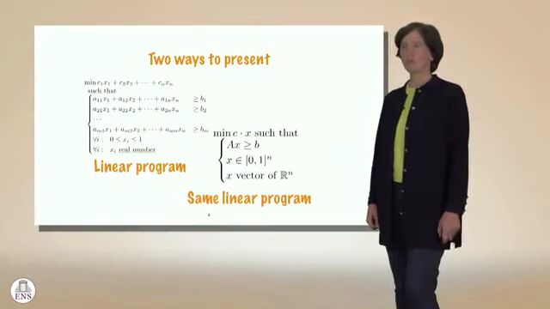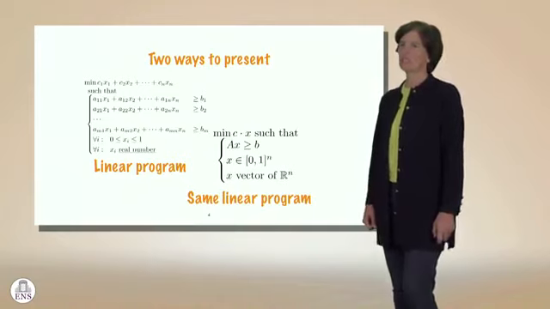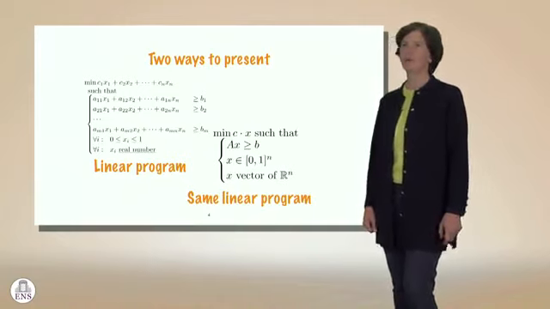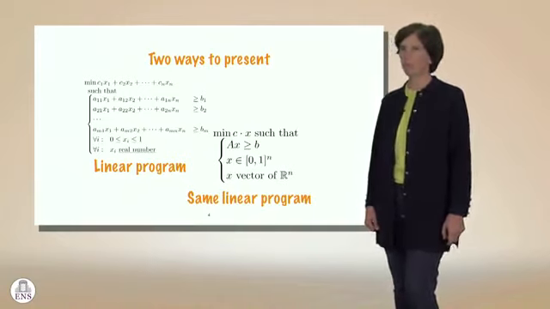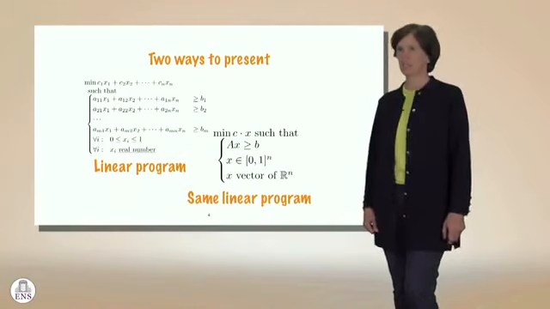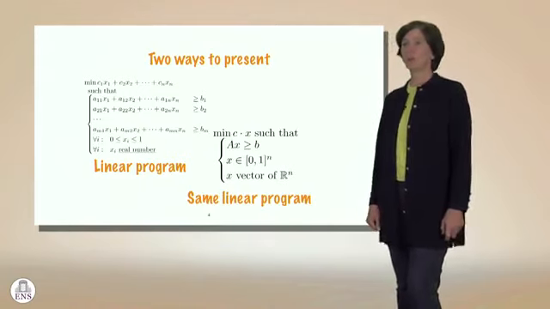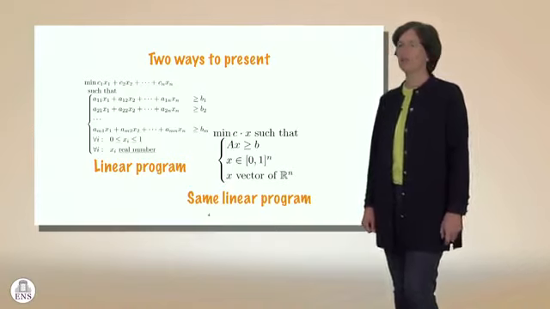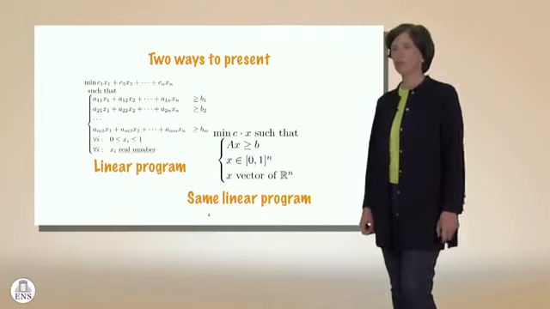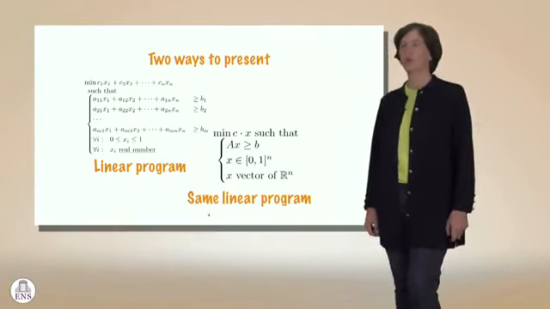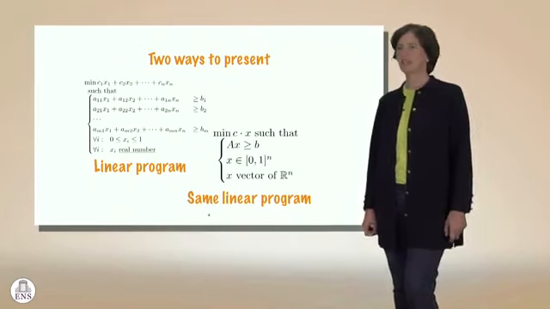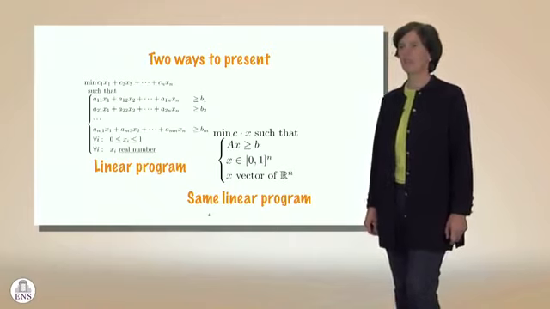The same linear program can be represented by writing c1, c2, cn, a11, a12, b1, b2, bn, and so on, everything explicitly, or in a more compact fashion by saying minimize the dot product of c and x. What is c? c is a vector in Rn with coordinates c1, c2, cn.